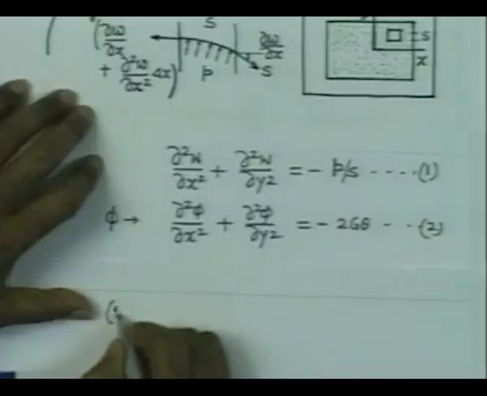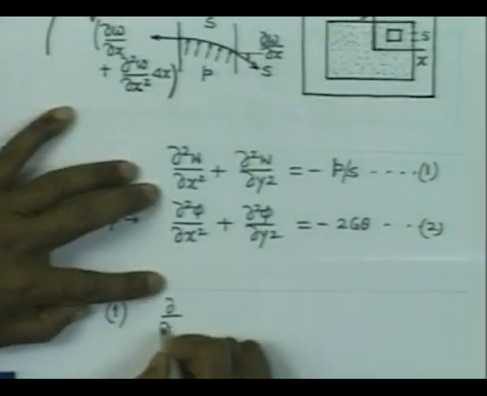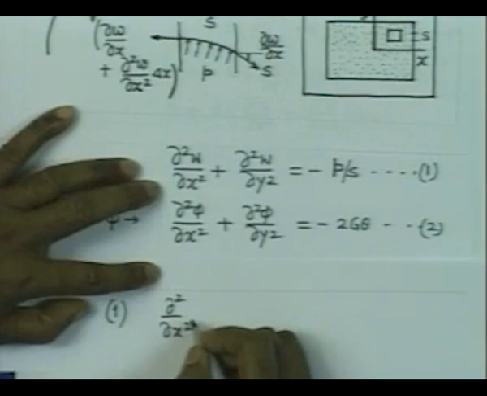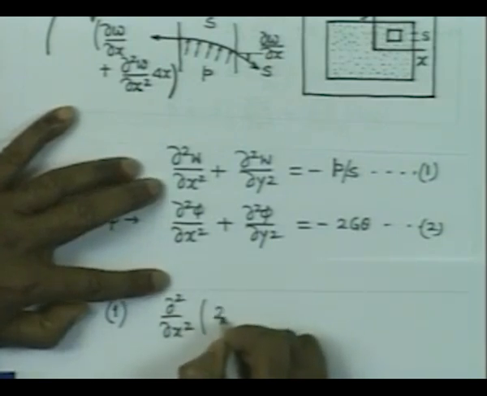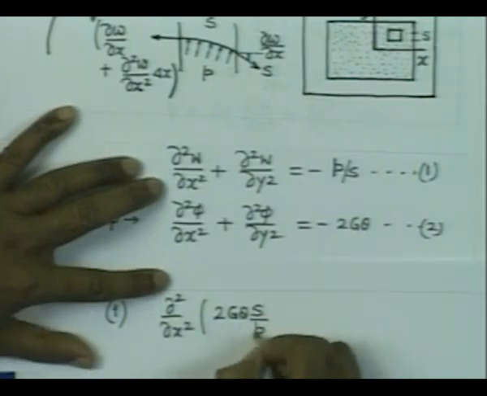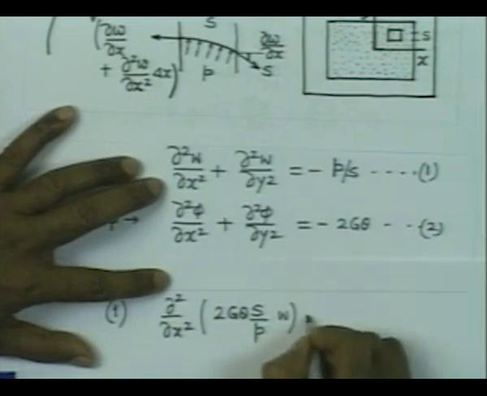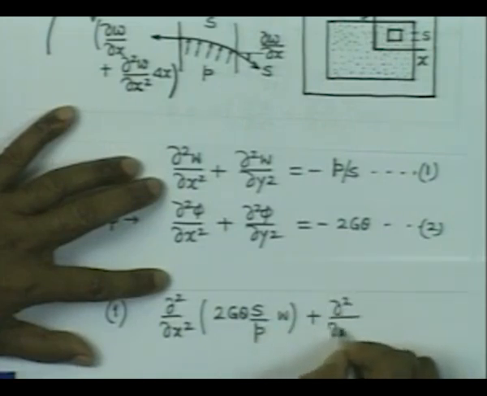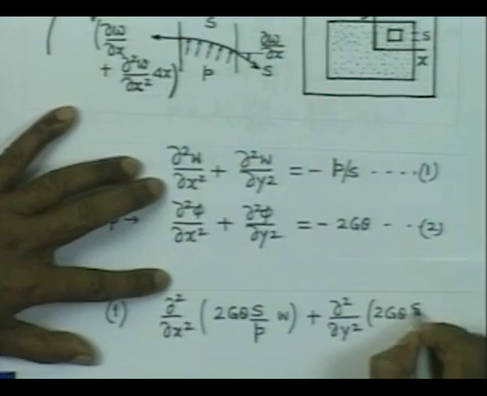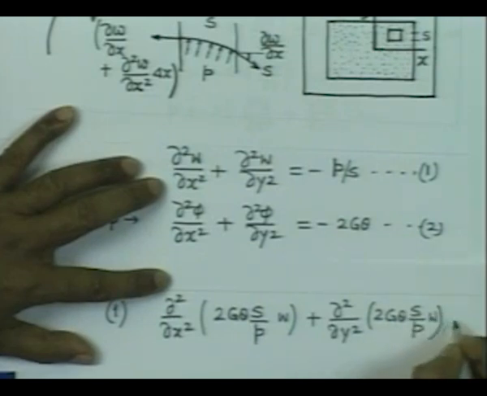I would just like to work on this equation number 1, and we can write from 1: delta 2 delta x square of twice g theta s by p W, plus delta 2 delta y square of twice g theta s by p W, is equal to minus 2g theta.